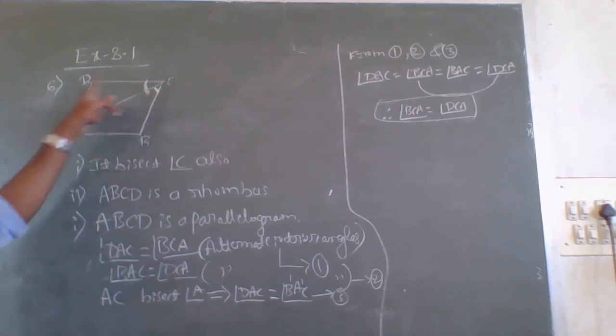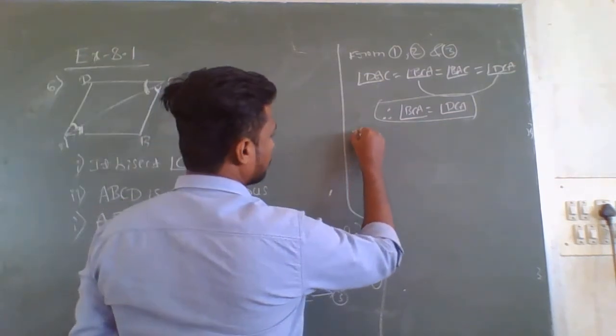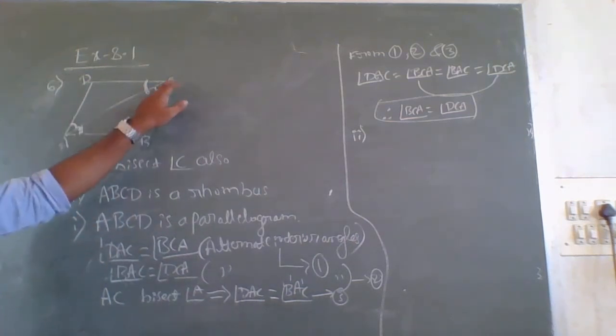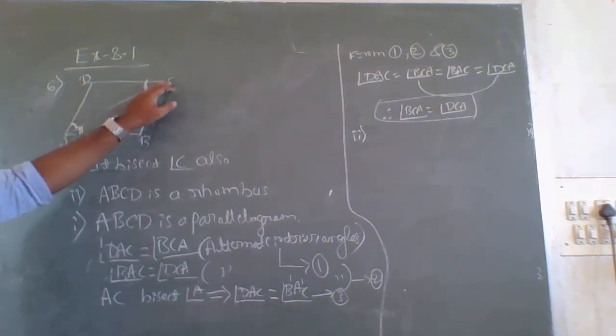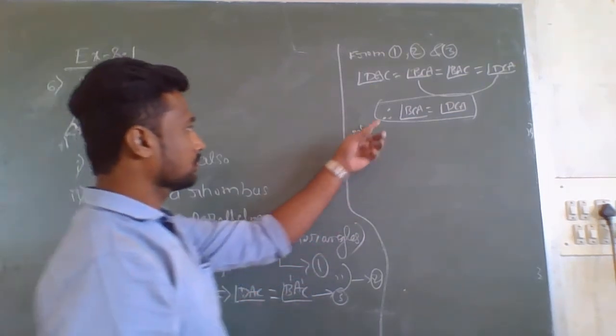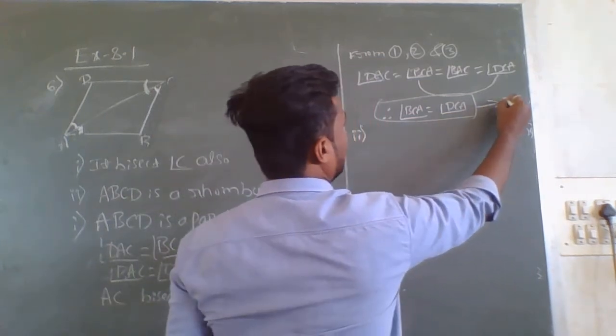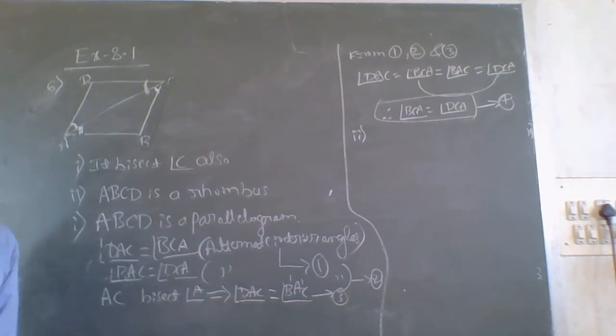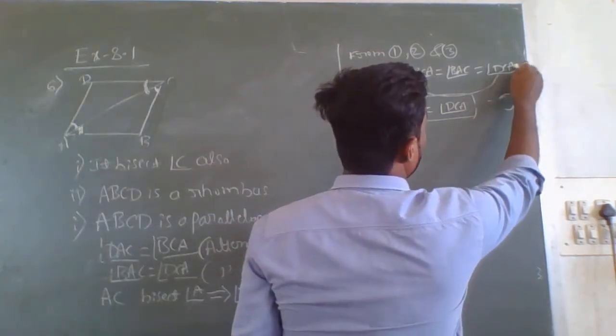Below this you should write that AC bisects angle C. The first one is proved. Now, from this, which I will consider as 4, what do we get here?